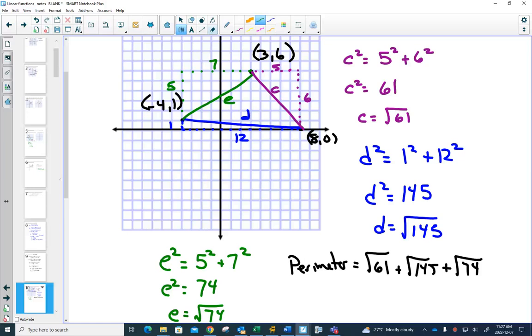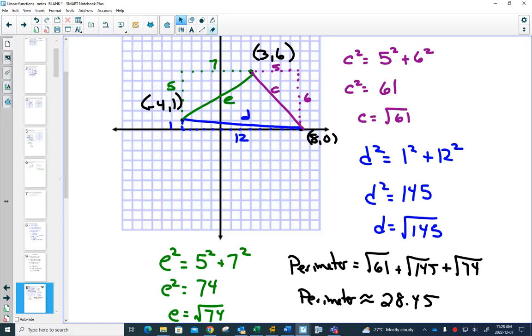But if we type it into our calculator, square root of 61 plus the square root of 145 plus the square root of 74, the perimeter would be 28.45.